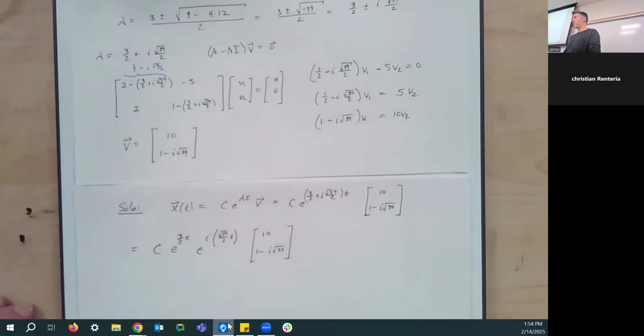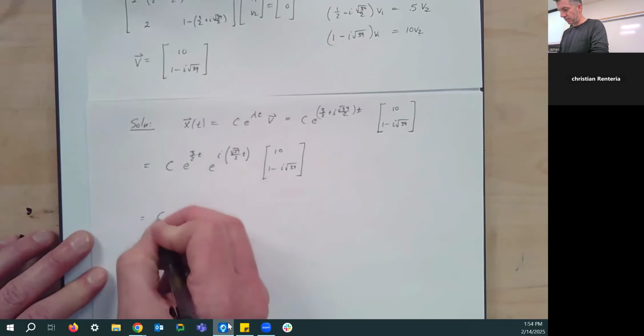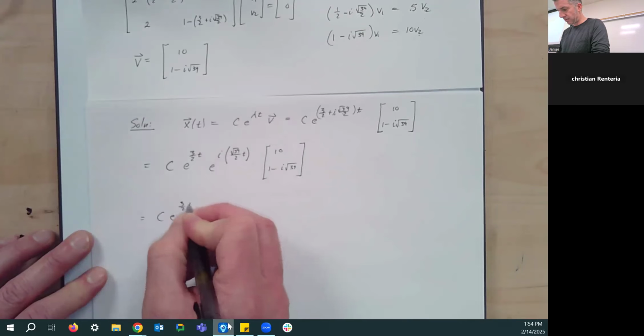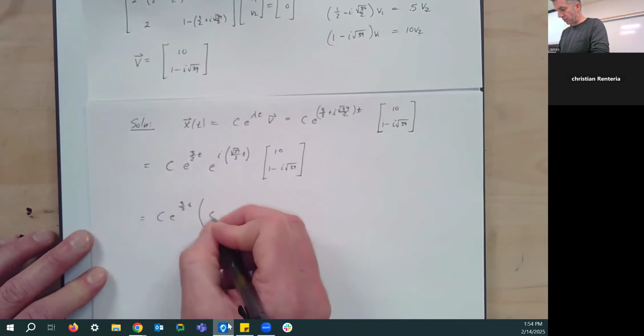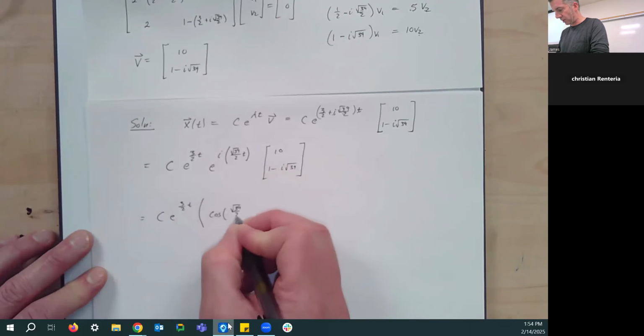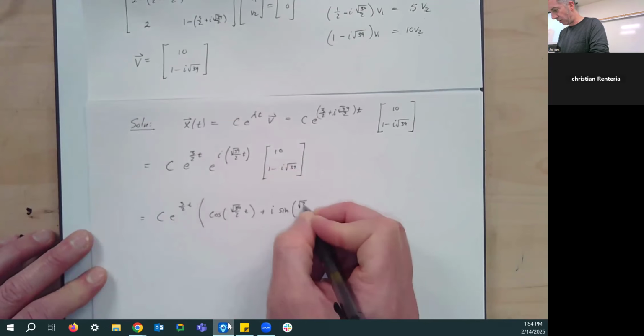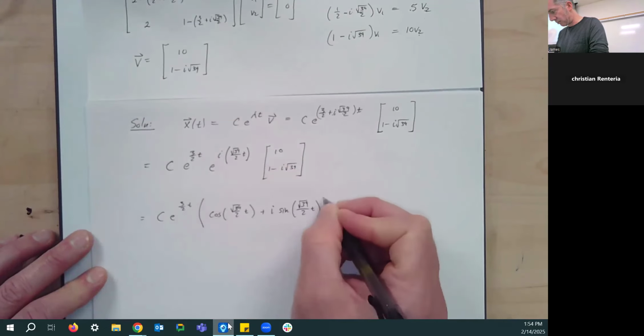Okay, now we have to throw Euler's formula at this, e to the i times something gross, and say, cool, e to the i times something gross is going to be cosine of that something. So cosine of root 39 over 2 times t plus i times sine of the same root 39 over 2 times t.